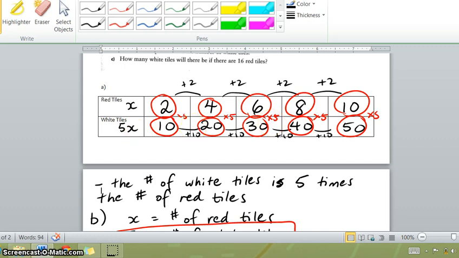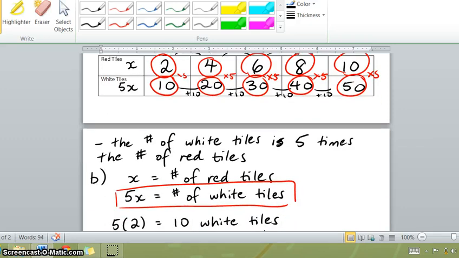But really what we're after is the pattern going from the red tiles, which I'm going to jot down here as a reference, the input from last year, and then the white tiles is the output. So remember, what are you doing to get from the input to the output values? We determined that it was times 5 each time. Therefore, the number of white tiles is 5 times the number of red tiles.